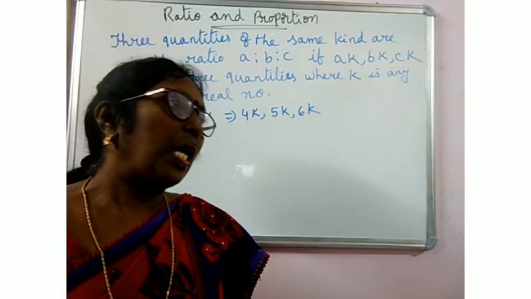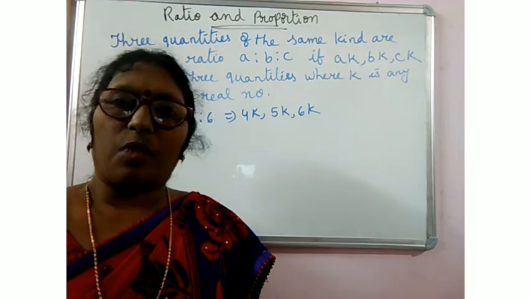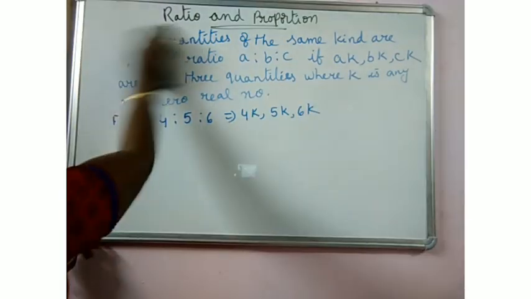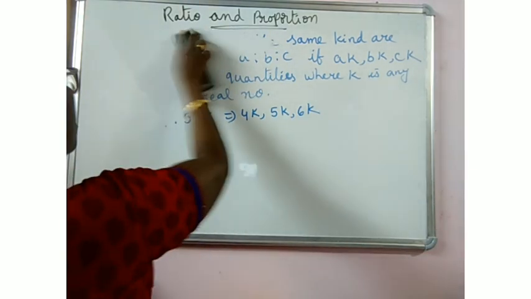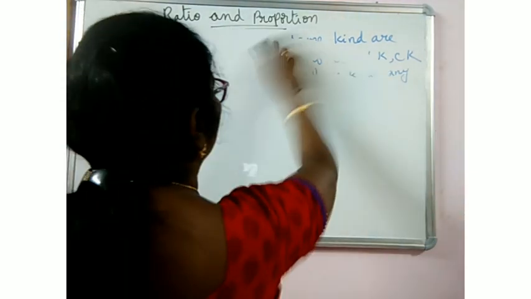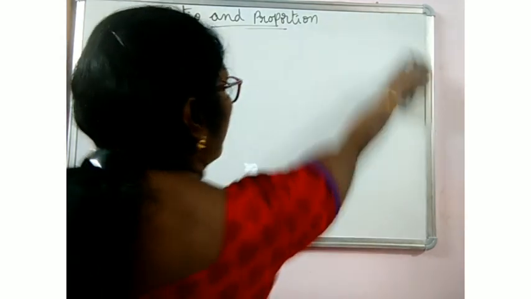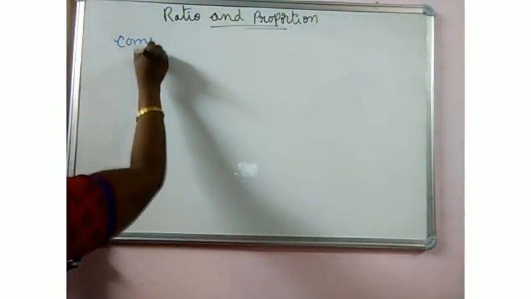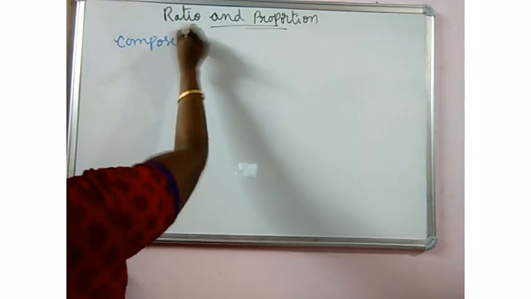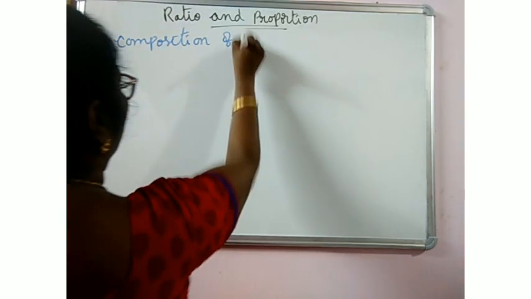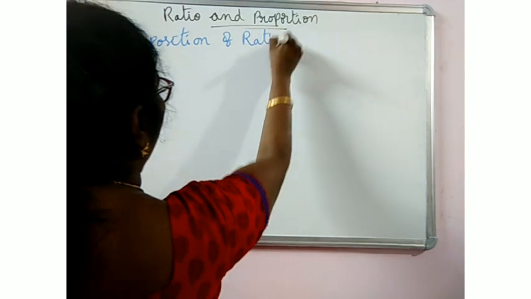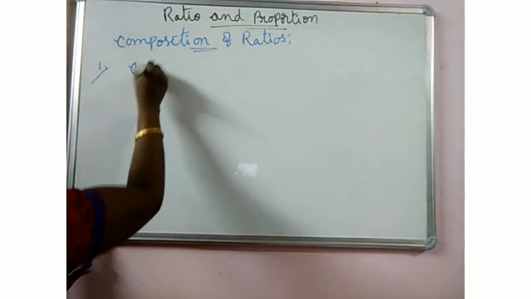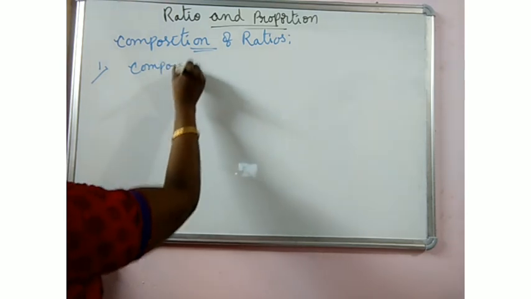Now, you are going to learn about what is composition of ratios. Composition of ratios. There are different varieties. Your first kind is compounded ratio.